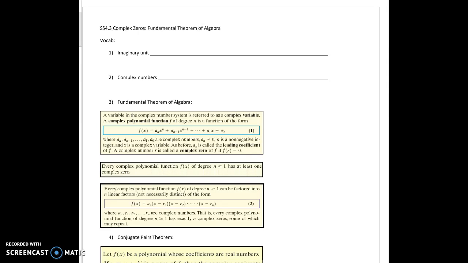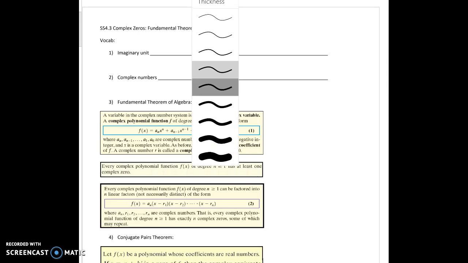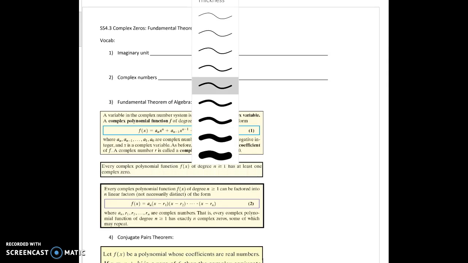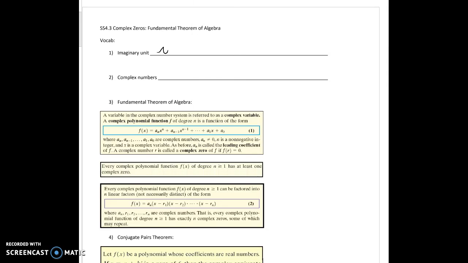The first vocab is called the imaginary unit, and the imaginary unit is used in algebra. In algebra 1, it is denoted as i.